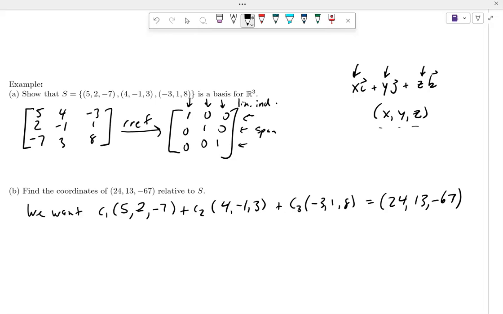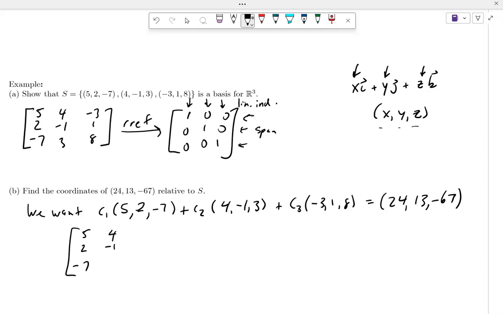Can you see a system of equations set up to solve? I would have to have 5c1 plus 4c2 minus 3c3 equal 24. 2c1 minus c2 plus c3 has to equal 13. And the other one also works, right? When I set that up, notice that your first vector is going to go down the first column.